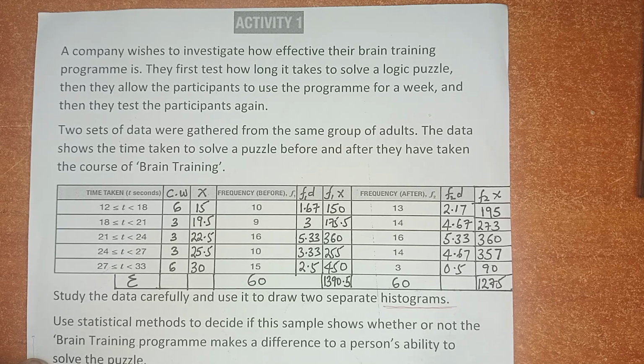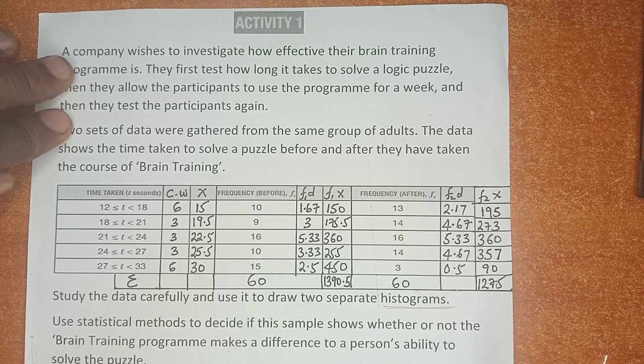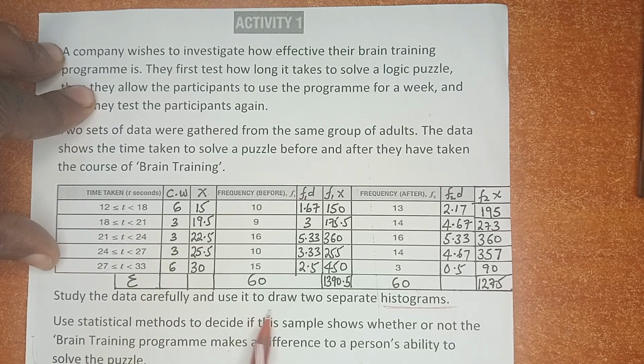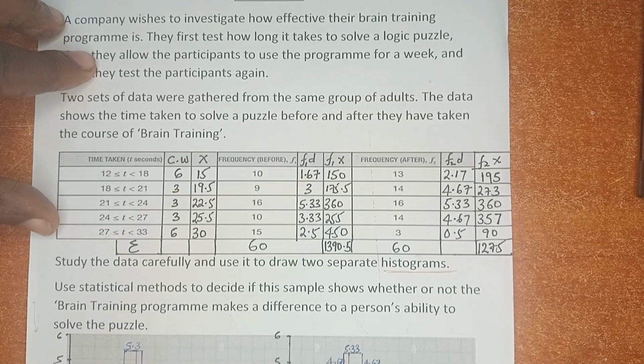That is how we came up with the frequency densities before and after training. Those frequency densities enable us to come up with the histograms as asked. Study the data carefully and use it to draw two separate histograms. And the histograms are here.